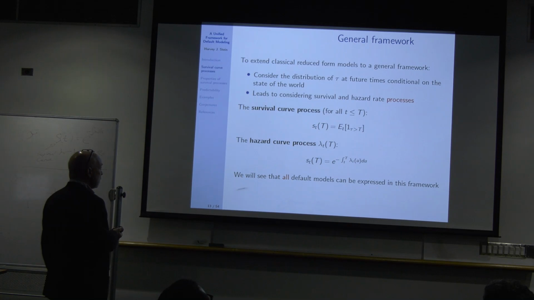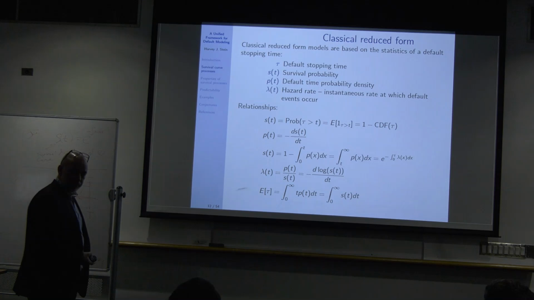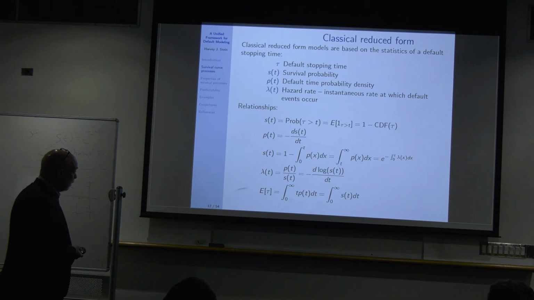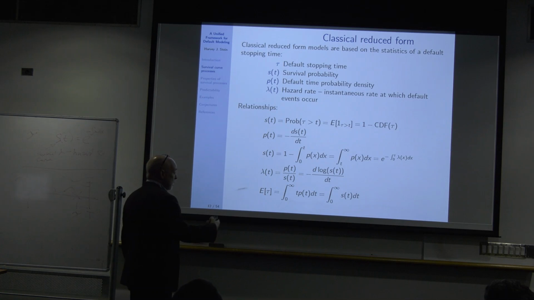So to extend this to stopping times in general, if you think about it, all of this is just expressing what tau is doing in the future given today's state. But as time evolves, we want to know what all this information looks like in the future, right?